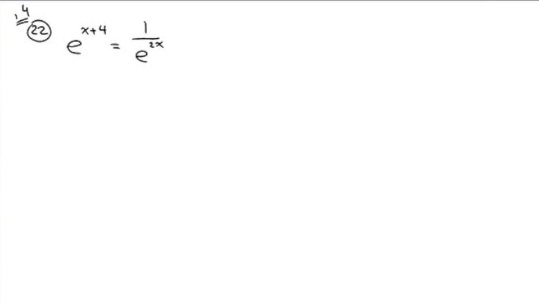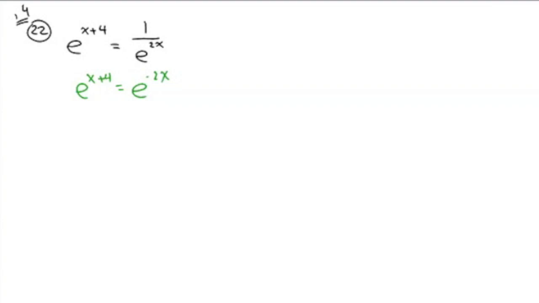I take this and put it on the top. If I put it in the top, what happens to the exponent? It changes into a negative. So this is e to the x plus 4 is equal to e to the negative 2x.